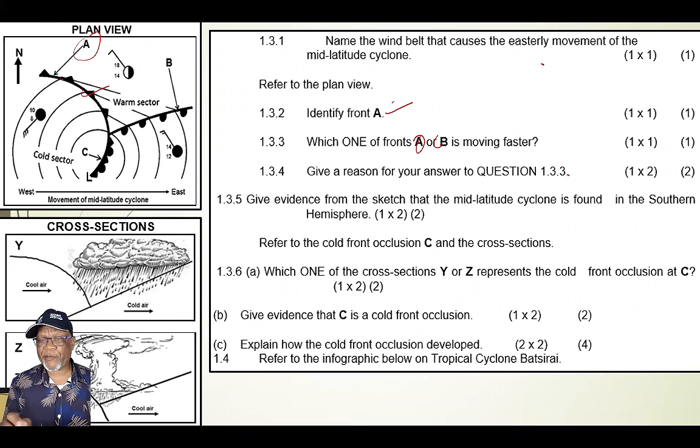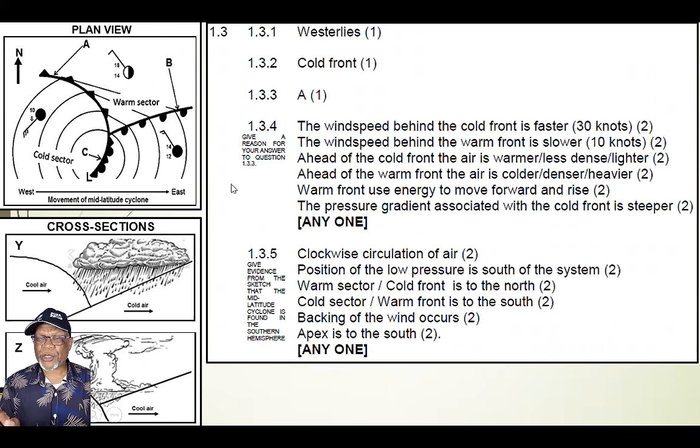And they say, give evidence from the sketch that the mid-latitude cyclone is found in the southern hemisphere. What is the evidence that it is found in the southern hemisphere? It is because the wind speed behind the cold front is faster.